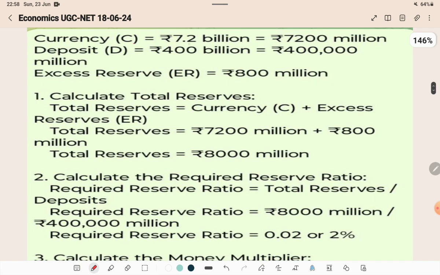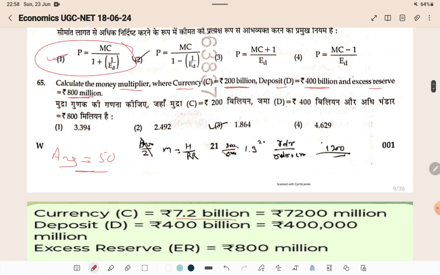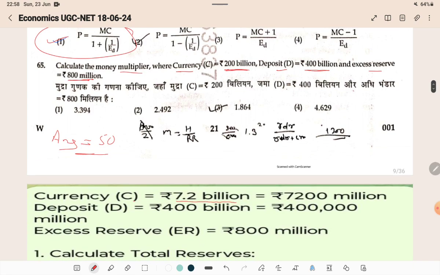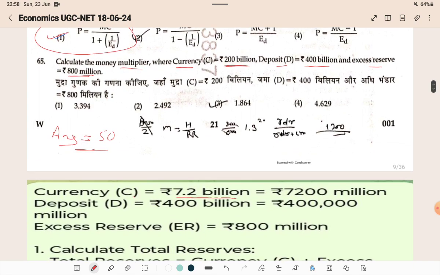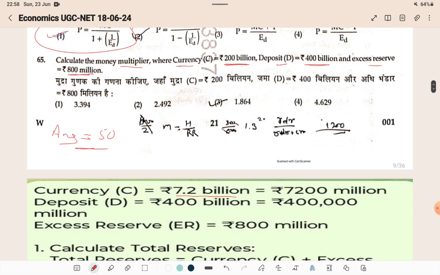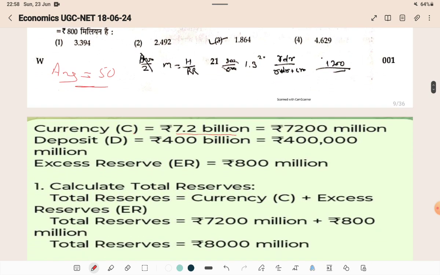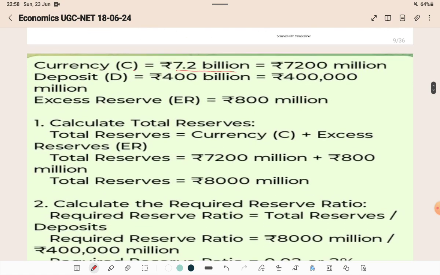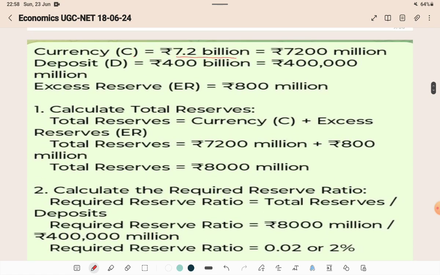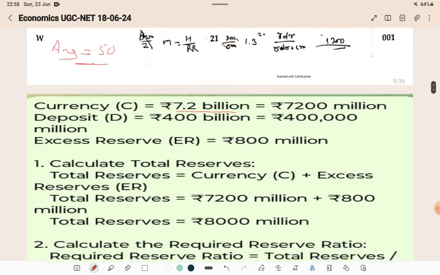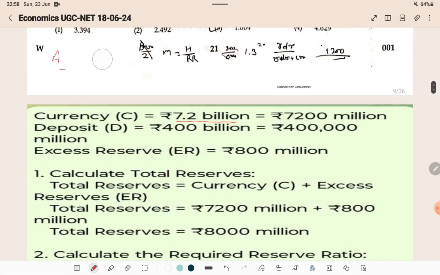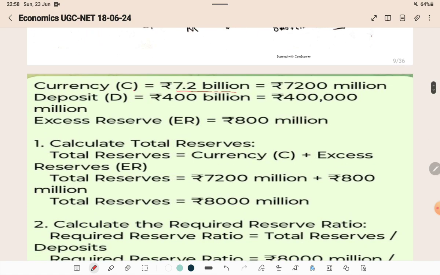Currency C is given as 7.2 billion. I think I will take another question's explanation here. Yes, we can say it is the same question as that, but with different numbers.